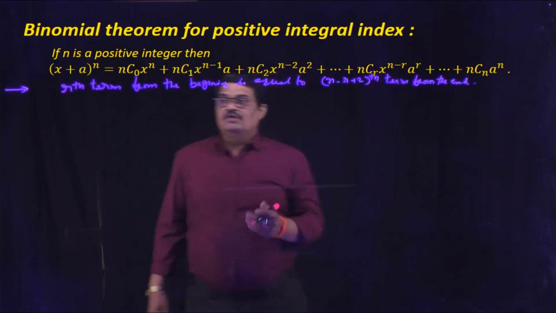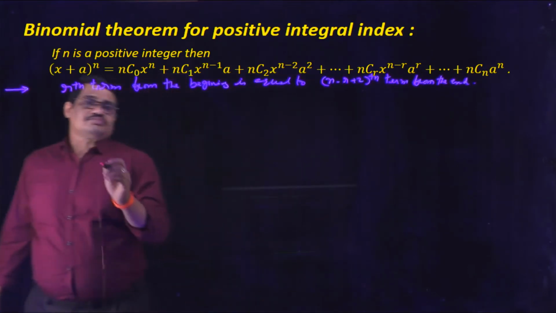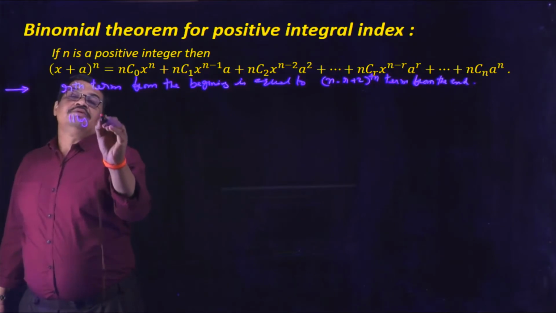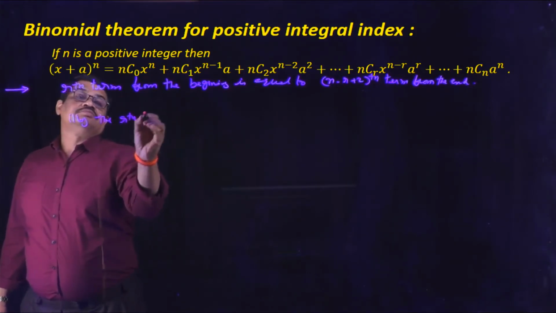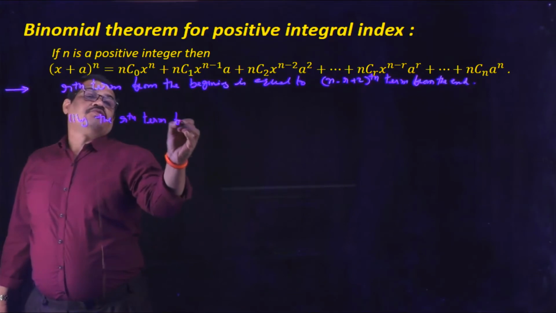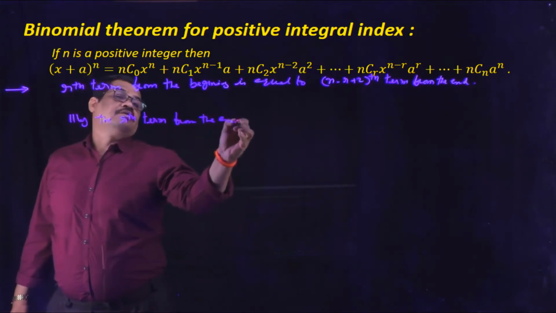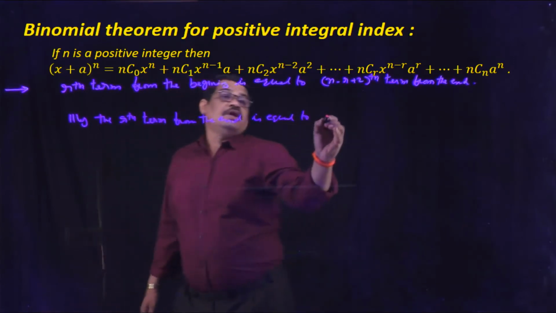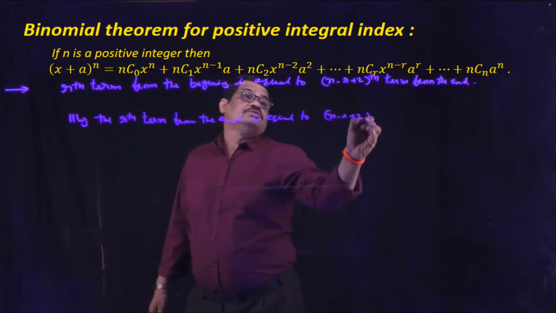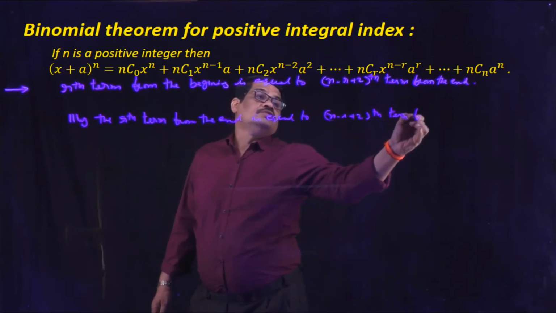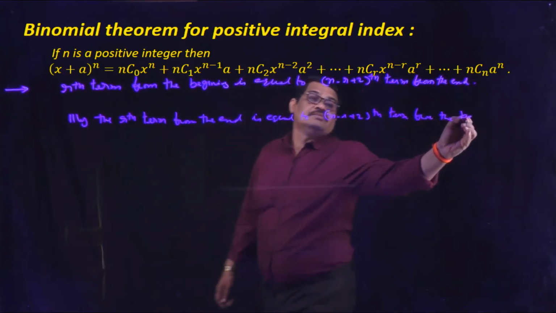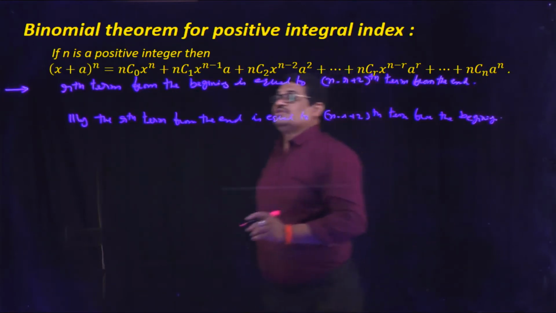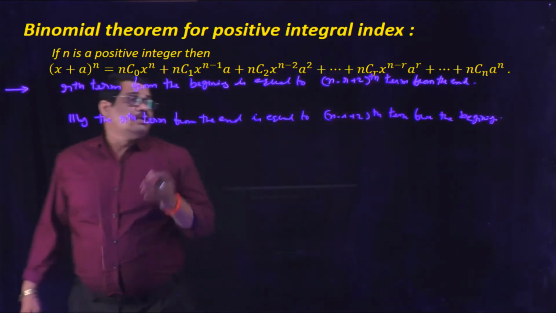Okay. So now similarly, the rth term from the end is equal to the n minus r plus 1th term from the beginning. Okay, so this is a very useful formula.